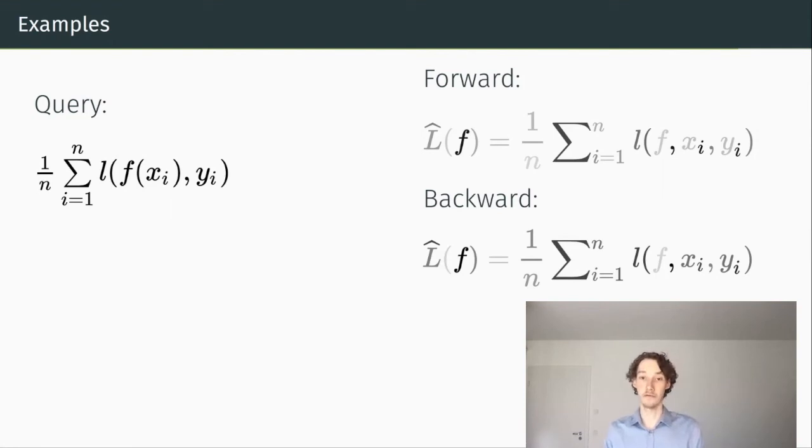And both the forward and the backward highlight the important parts, that it's about a function over examples indexed by i, and the loss is important. What I like about the backward function is that it also highlights the hat over the capital L that's usually used for empirical risks or empirical estimates. So this is really nice.